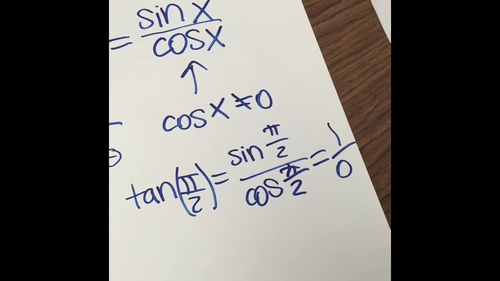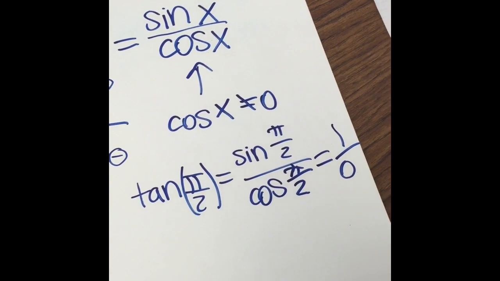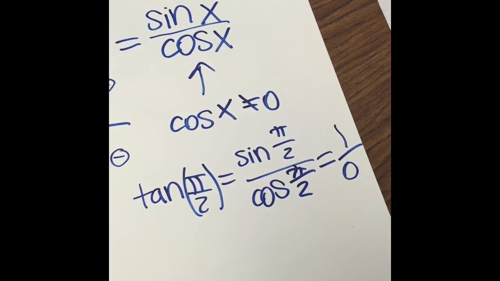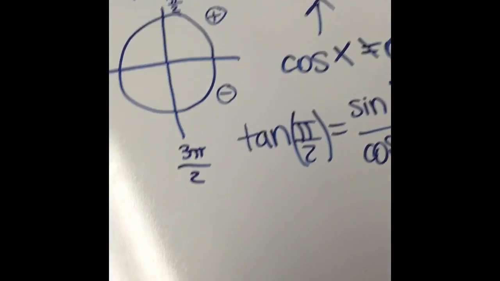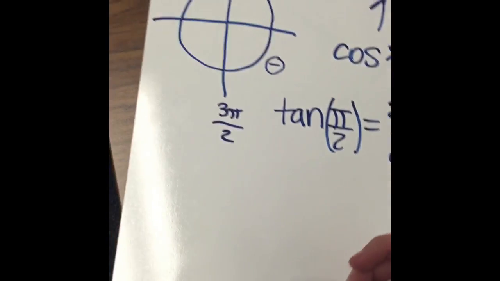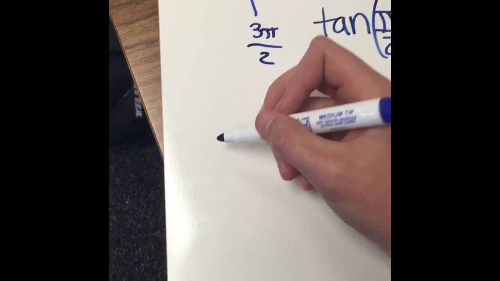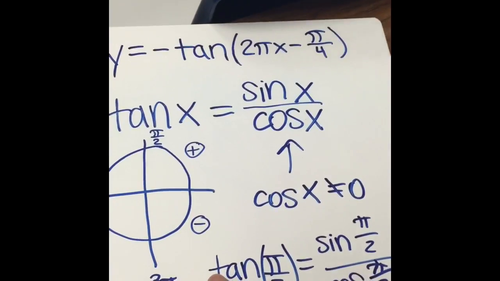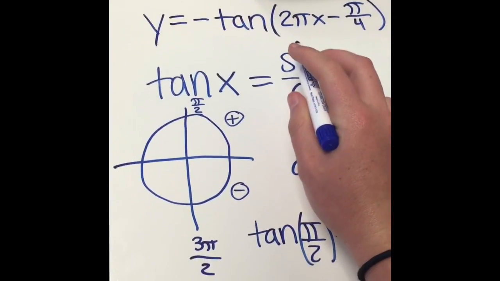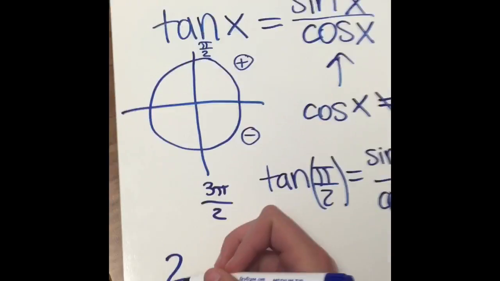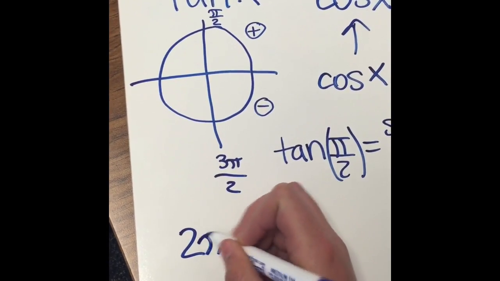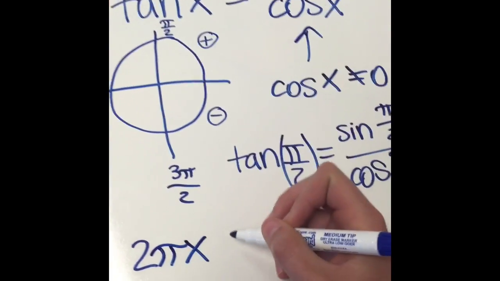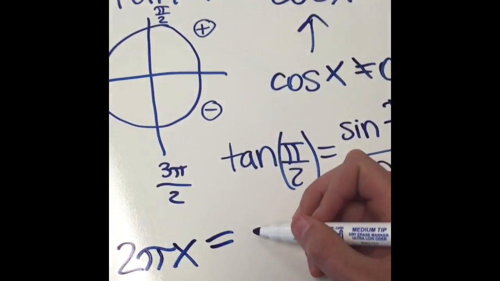And next we are going to find our new period, and to do that we are going to set 2 pi x equal to pi, and pi is the period for this graph because that's how long it takes for it to complete one full cycle. And as you can see above, we took the 2 pi x from that equation, 2 pi x minus pi over 4.